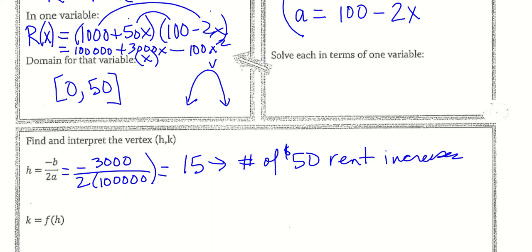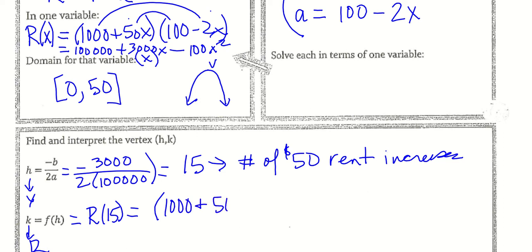So this is X, and k is going to be my revenue. My revenue will equal what R of 15 is, which is going to be 1,000 plus 50 times 15, times 100 minus 2 times 15.